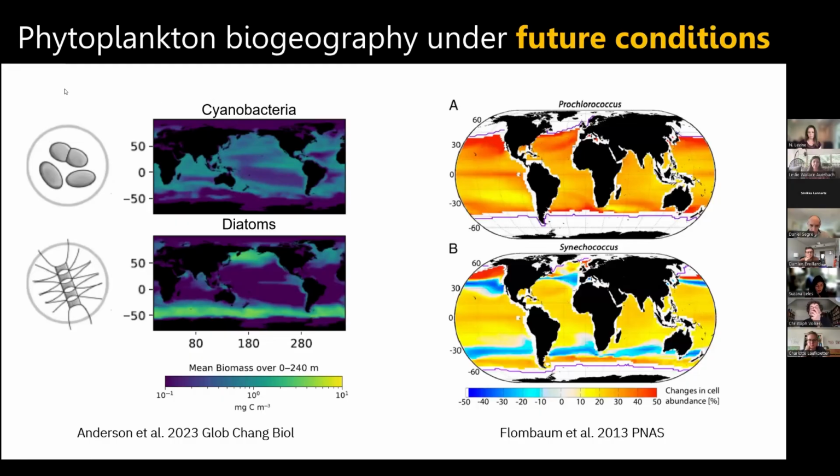However, if we think about what is happening as the climate changes, we know that as the climate warms, current projections predict an expansion of the gyres, which therefore results in an expansion of the niche of cyanobacteria, especially Prochlorococcus. And they are expected to be more abundant under future conditions.